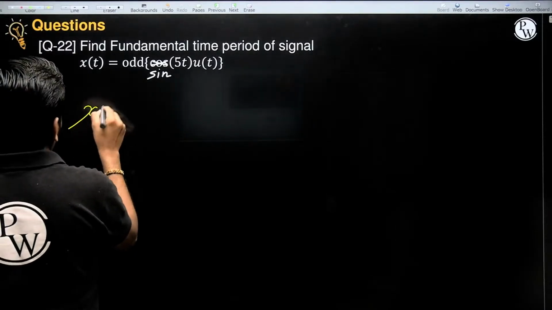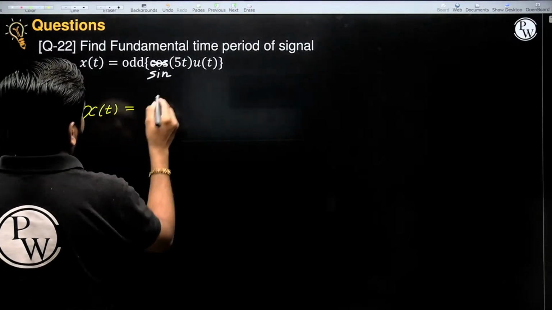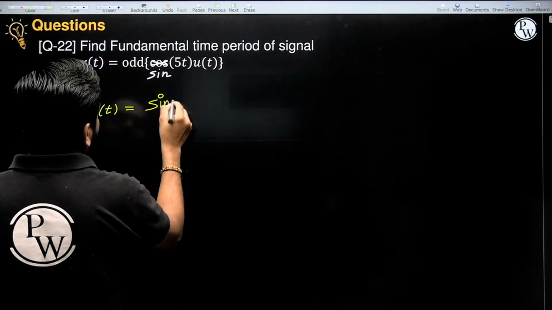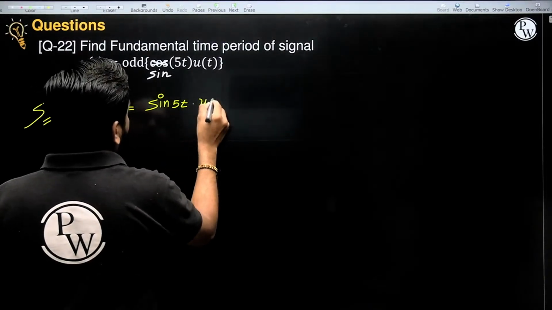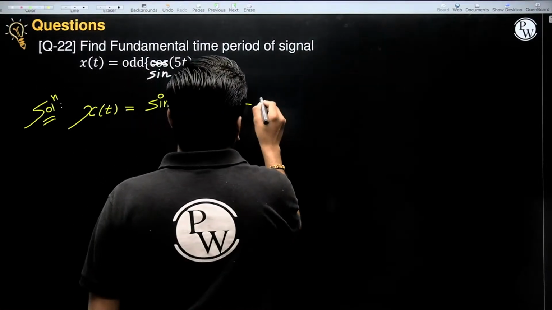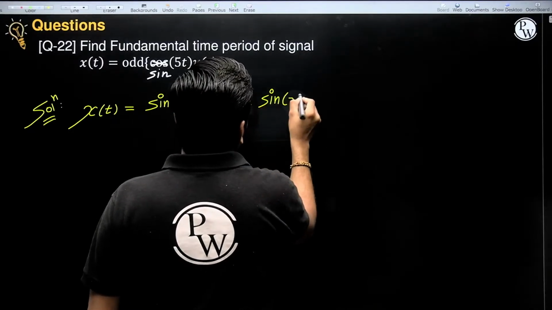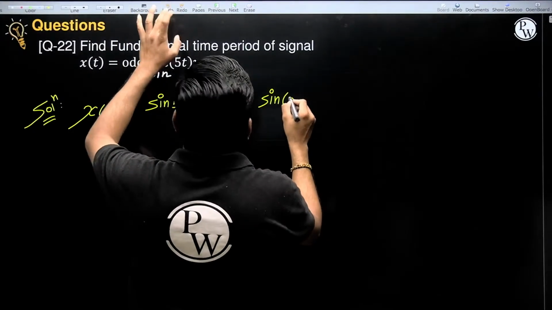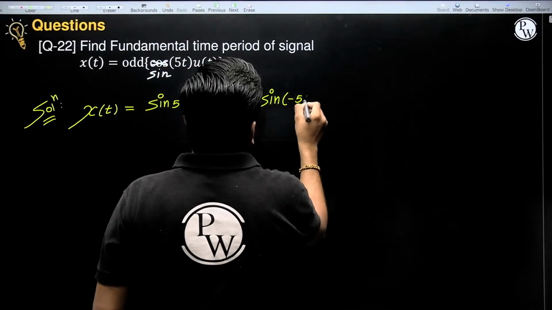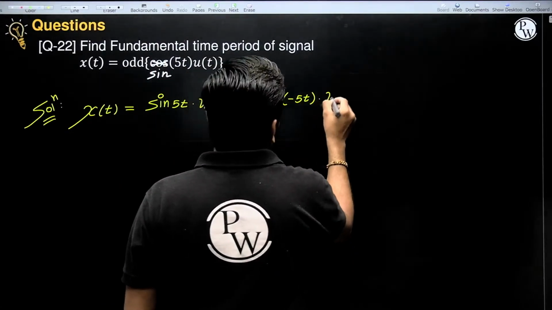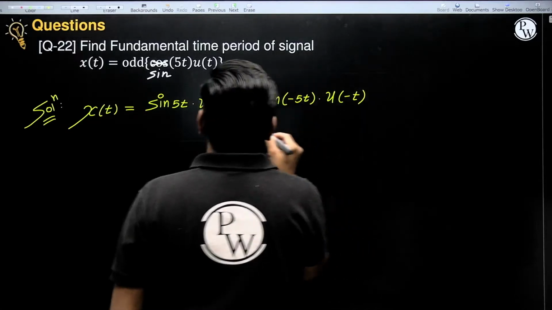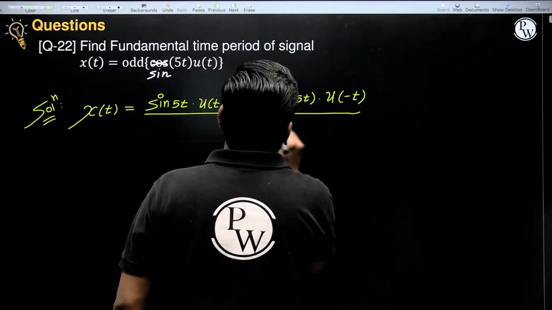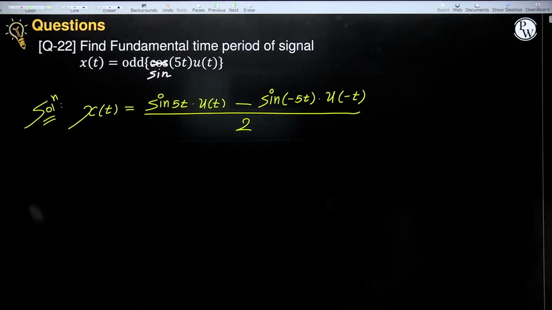So x of t equal to the odd part of sin 5t u of t minus sin of minus 5t u of minus t, whole divided by 2.